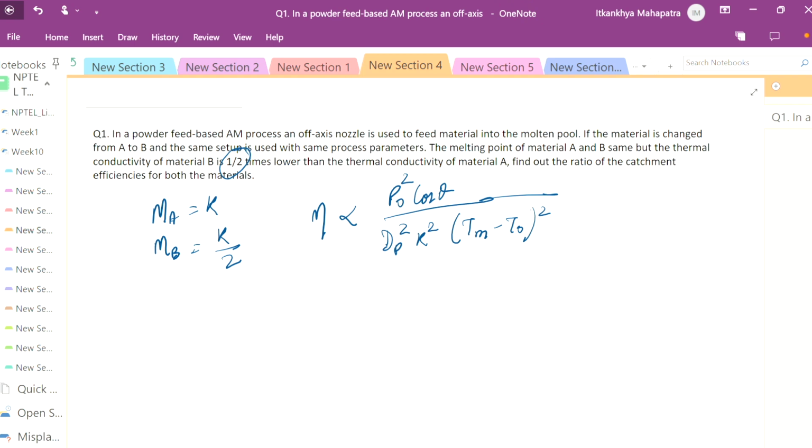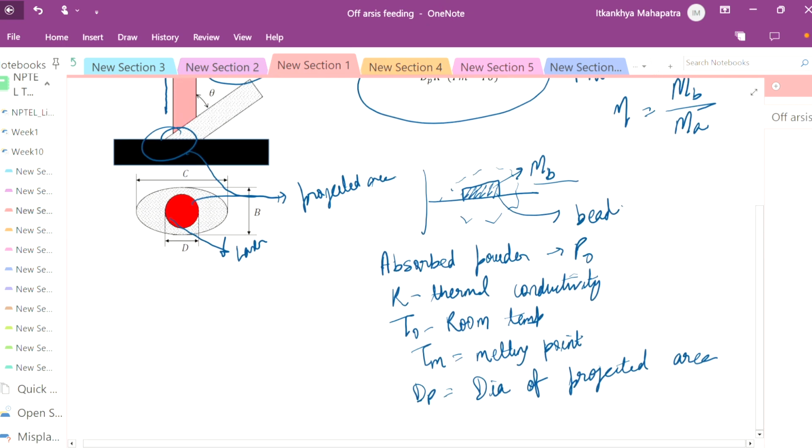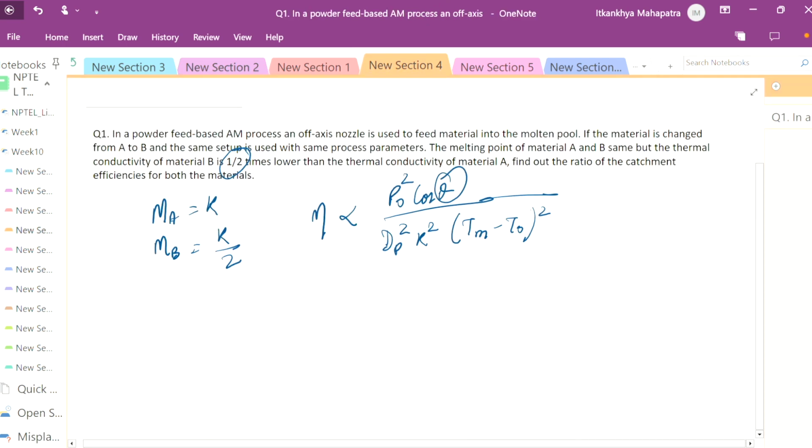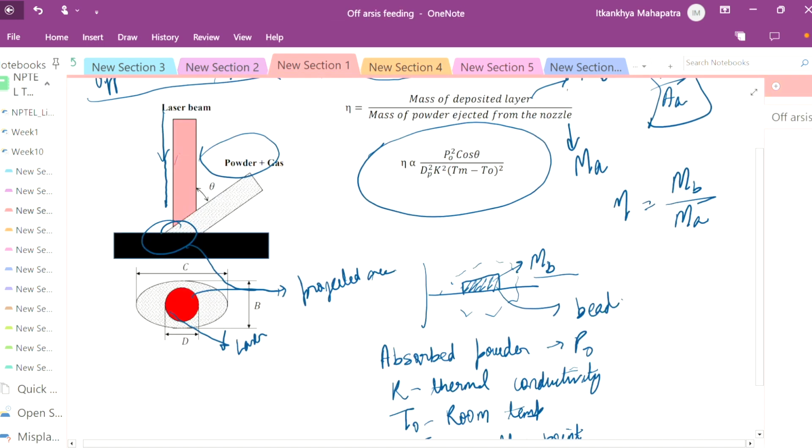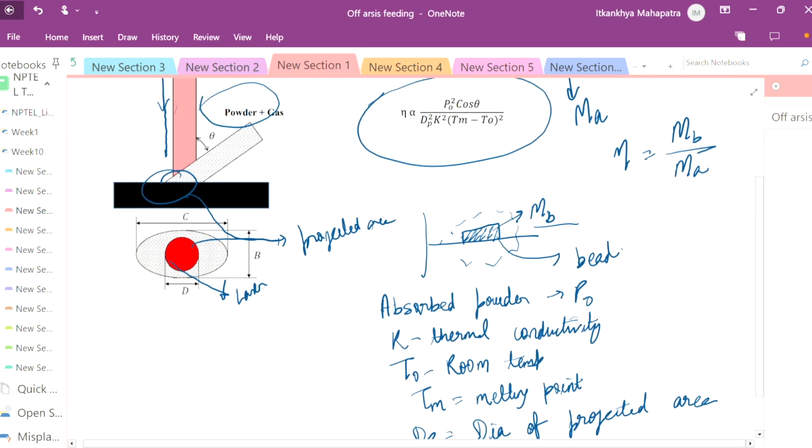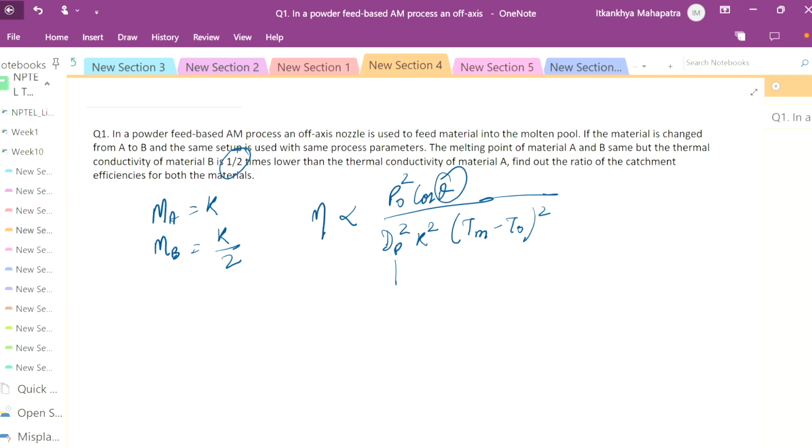Now this theta you know. Now dP, as you know, is the diameter of projected area, K is the thermal conductivity, and P naught is the absorbed power. So now you are aware of what each parameter is.